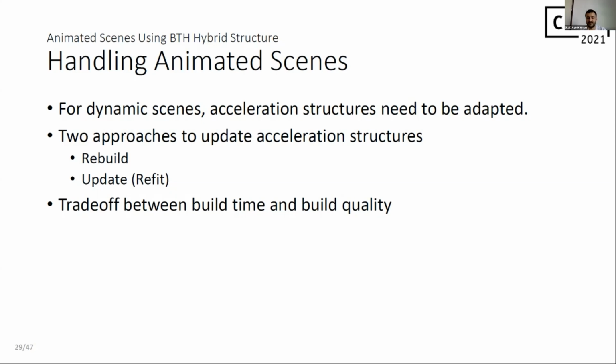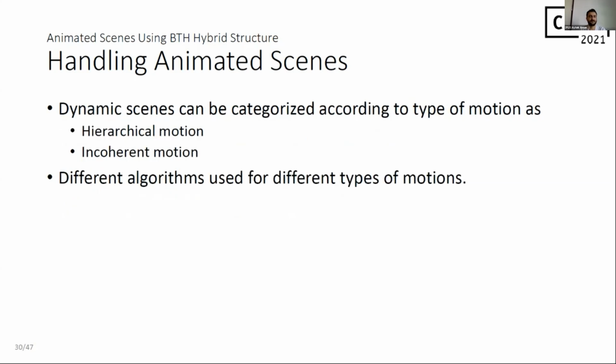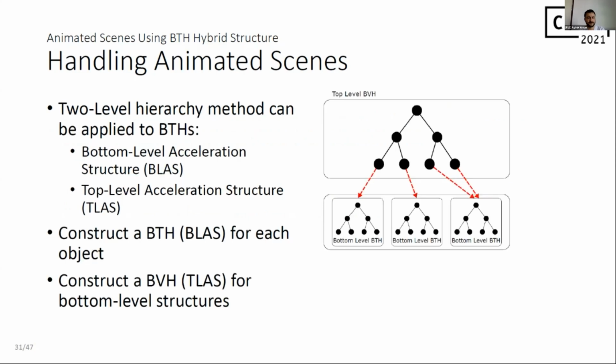And there's, of course, this trade-off between build time and build quality. We can categorize dynamic scenes according to the type of motion, as having hierarchical motion or having incoherent motion. And we can have different algorithms used for different types of motions.